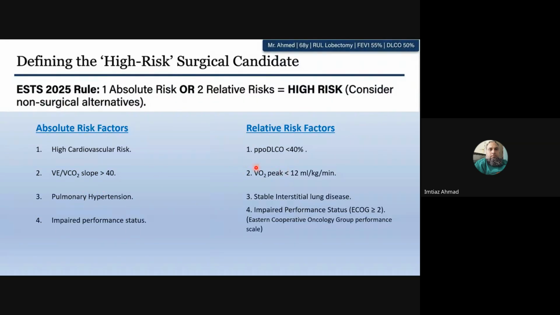Relative risks are predictive post-operative DLCO less than 40%, VO2 peak less than 12 ml per kg per minute, stable interstitial lung disease, and impaired performance status, ECOG scale more than or equal to 2. This is the Eastern Cooperative Oncology Group Performance Scale. This scale looks at the performance of patients with lung cancer, their prognosis and their activity.